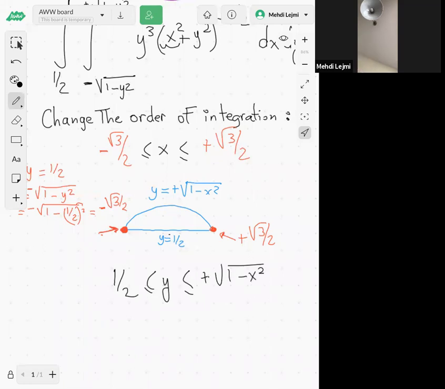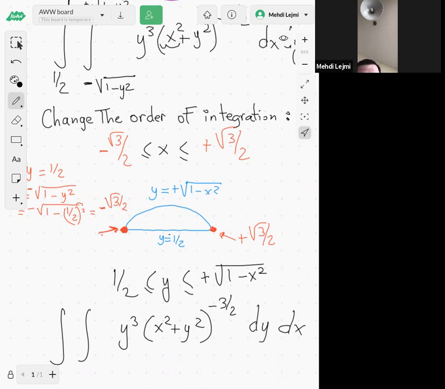Anyway, my point is, if you change the order of integration, then you still have this y cubed, x squared plus y squared to the negative 3/2, dy dx, with x between minus square root of 3/2 and positive square root of 3/2, and y between half and plus the square root of 1 minus x squared.